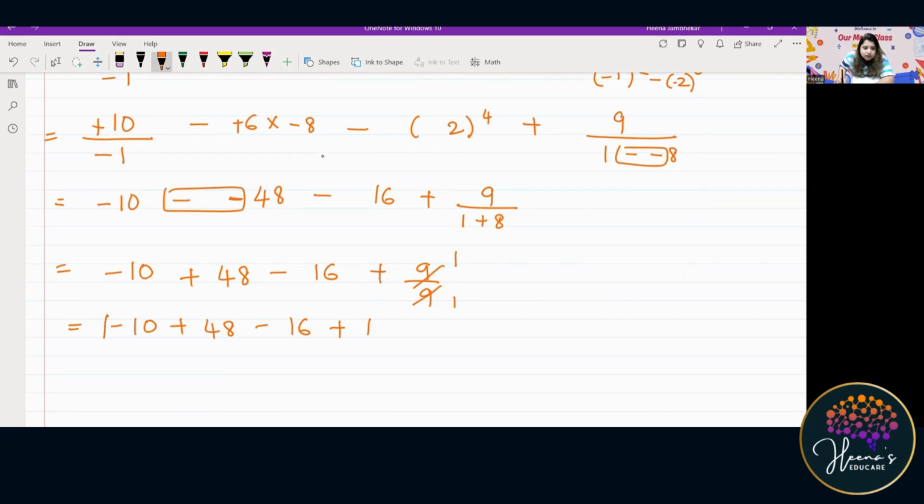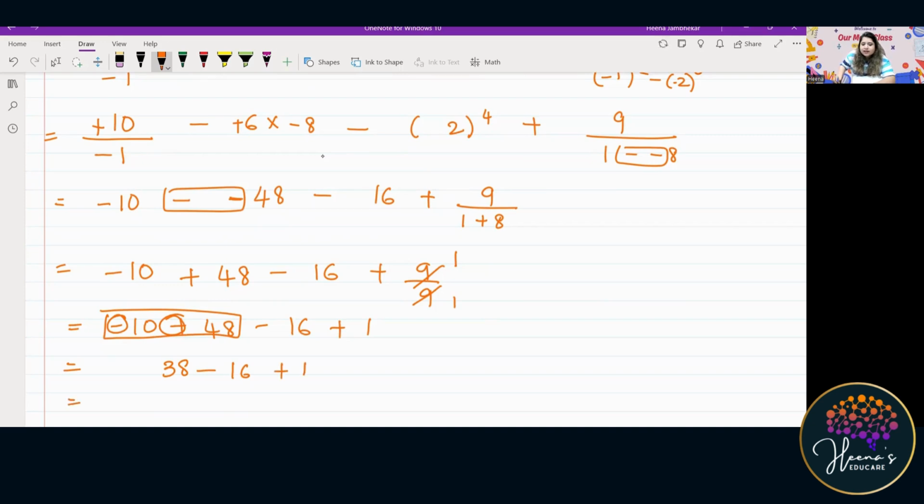Right? Now, let's move to this one. Do you have same signs or different signs? You have different signs. So for different signs, what do you do? You subtract. When you subtract, you get 38 and you put the sign of the greater number, which is positive. Okay. Then -16 plus 1.